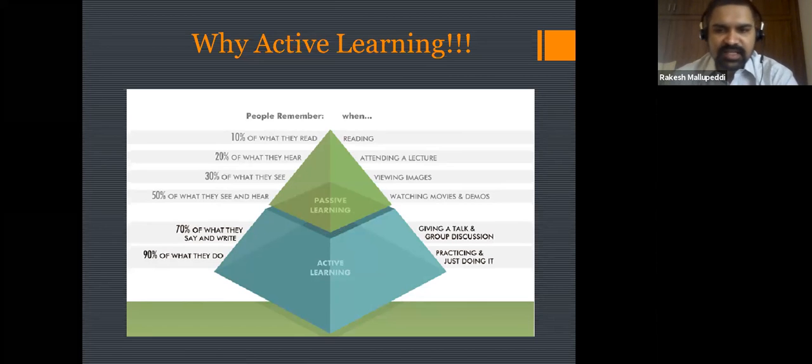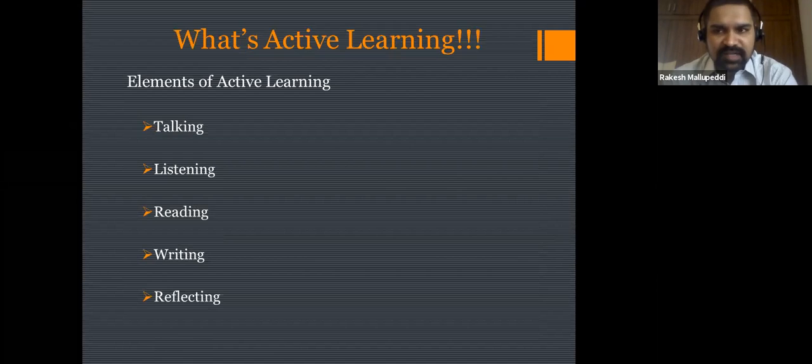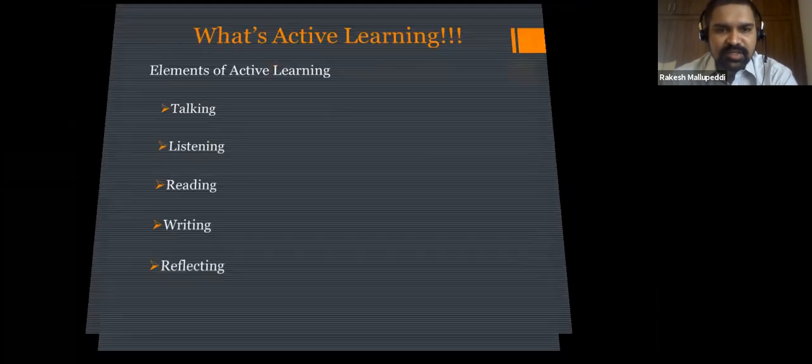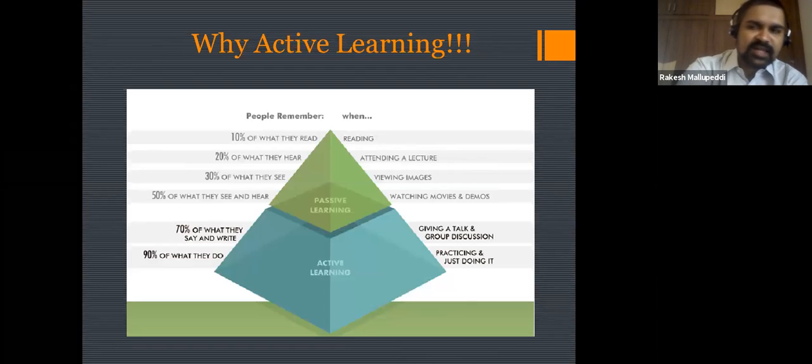And when you're practicing and just doing it, like we have seen before, reflecting or retention, you can see a higher percentage of the learning activity happening with the student.